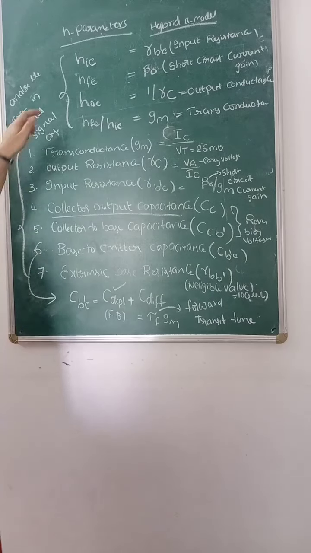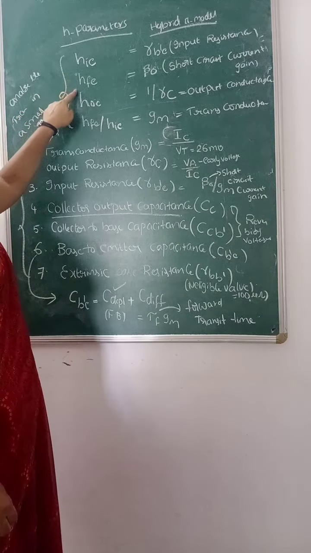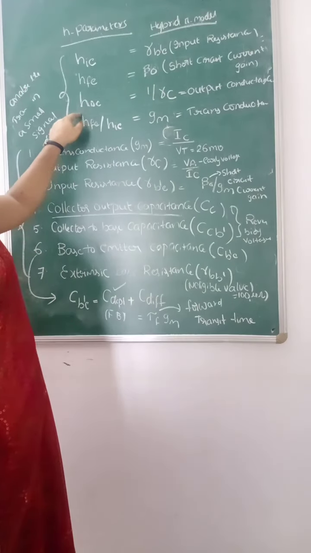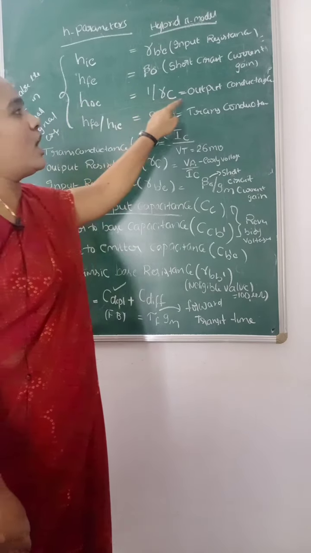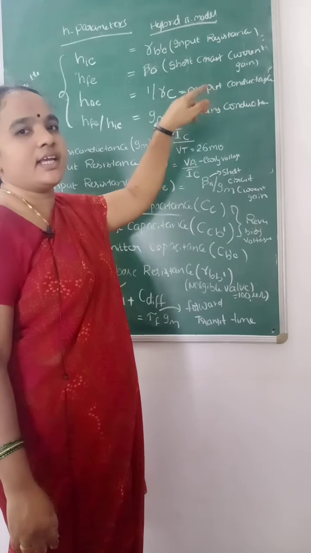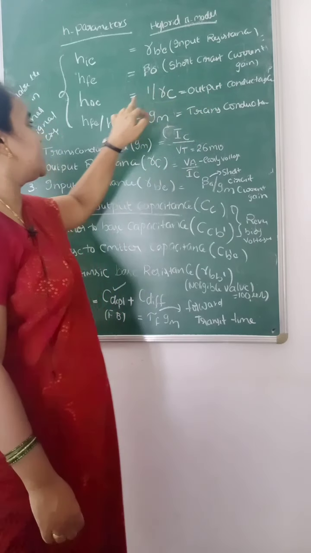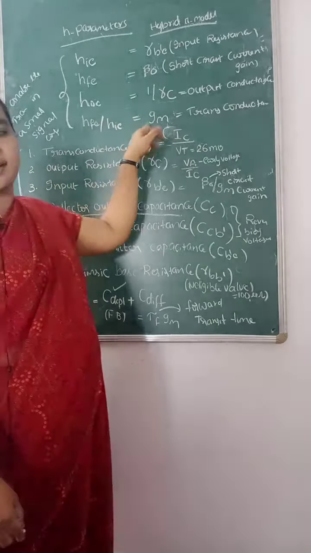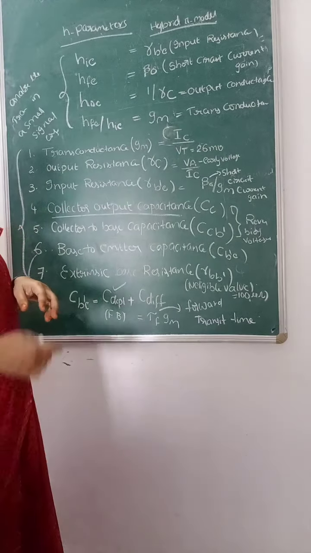HIE is known as input resistance, HFE is the short circuit current gain, and HOE is the output conductance, which is the inverse of output resistance, and HFE by HIE is the transconductance.